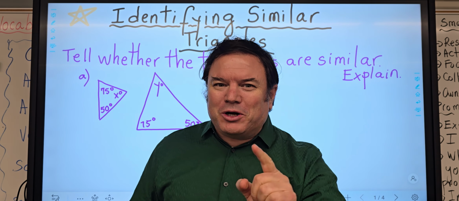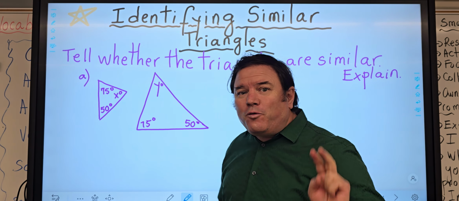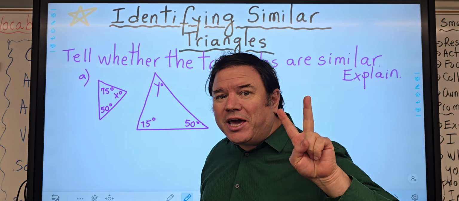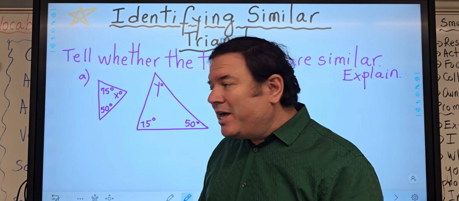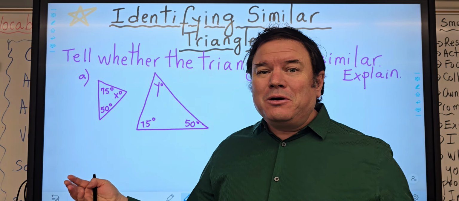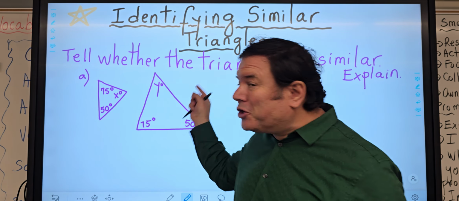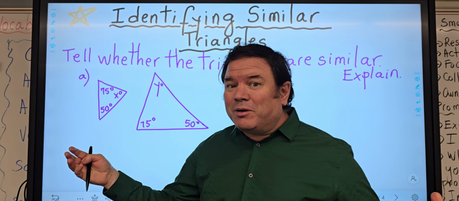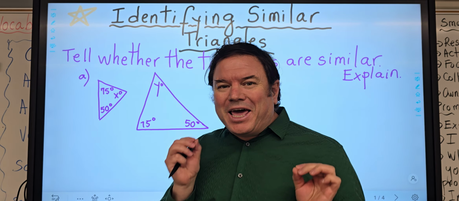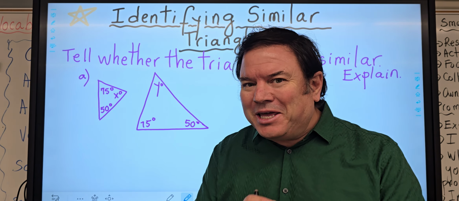So if we have two triangles and we have some angles in this triangle and some angles in this triangle, if we at least find how many angles? Two angles. If we at least find two angles the same in each triangle, we can say that both of the triangles are similar, because automatically the third angle should also be the same, because all the angles in any triangle add up to 180 degrees.